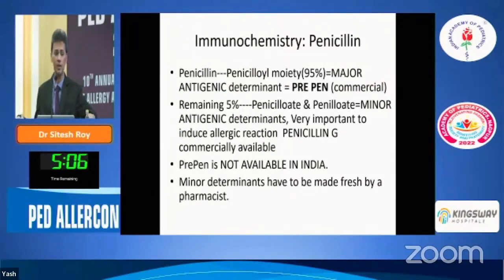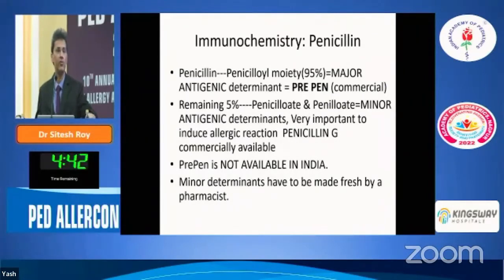This is a very important slide for anyone who wants to understand the complexity of penicillin allergy testing and the way we do it in India. There is a commercially available penicilloyl moiety of penicillin, which is called Pre-Pen commercially, which is always in shortage even in America, and we absolutely don't have it available here in India.